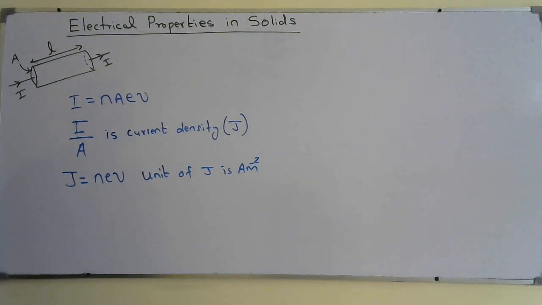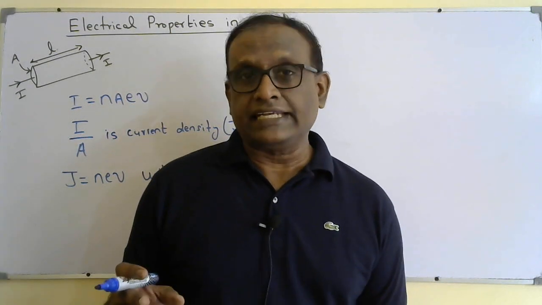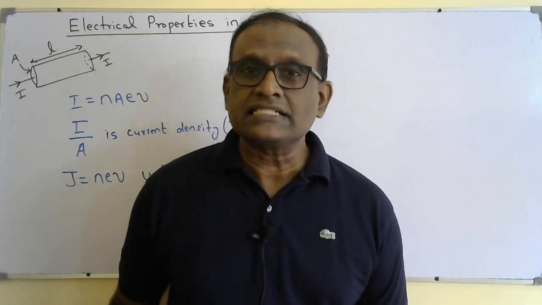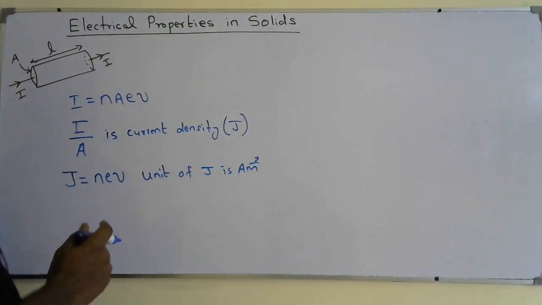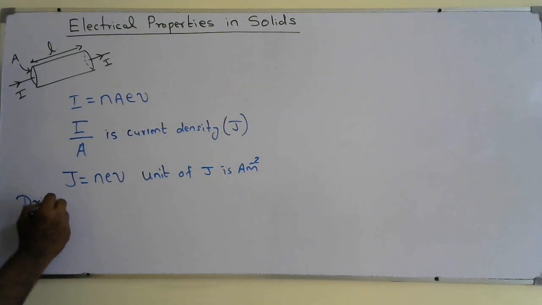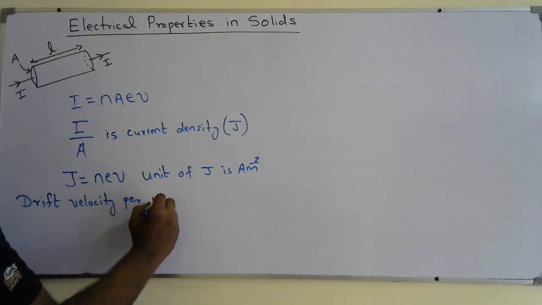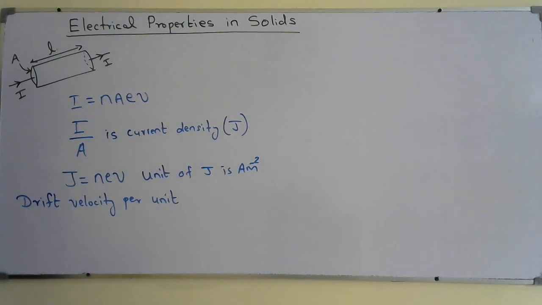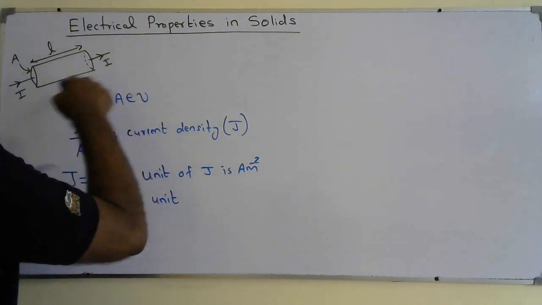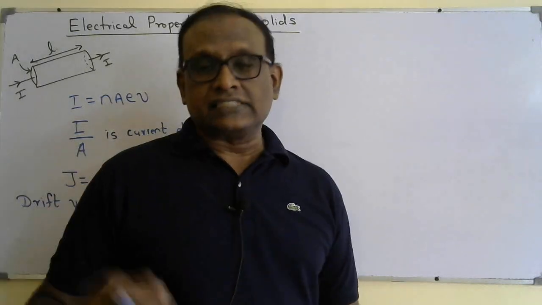So the drift velocity per unit electric field is defined as the mobility of the charge carrier. When we connect a battery or power supply across the material, there will be an electric field that drifts the electrons or the charge carriers.